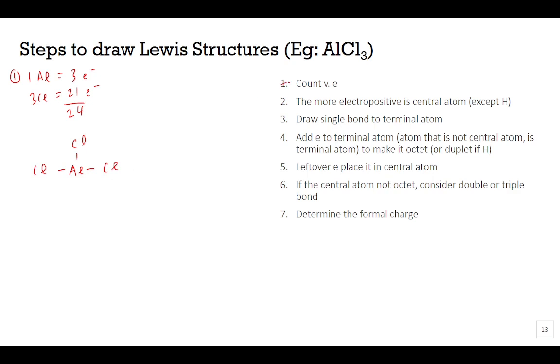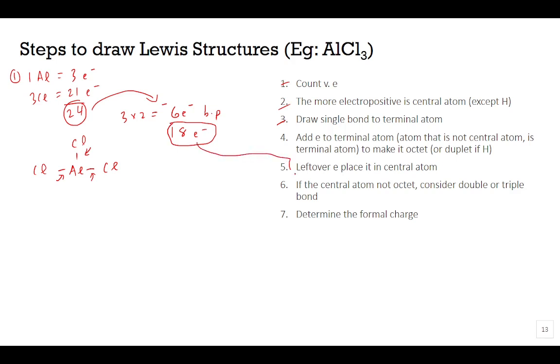Draw a single bond, then add electrons to the terminal atoms. Before that, count the bonding pairs: 3 times 2 equals 6 electrons for bonding pairs. So 24 minus 6, you have 18 electrons left.